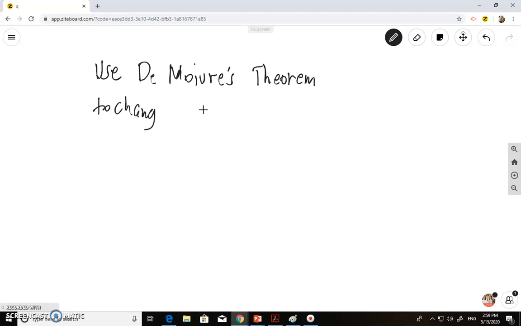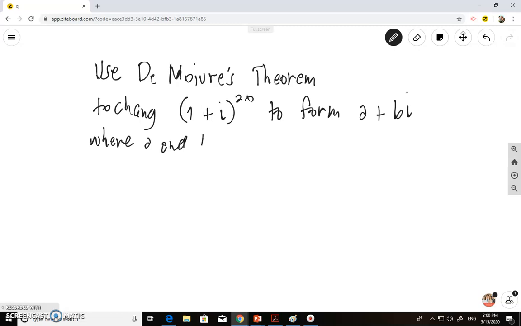It says we have to use DeMoivre's theorem to change 1 plus i raised to the power of 20 to the form a plus bi, where a and b are real numbers. So how will we solve this one using DeMoivre's theorem?